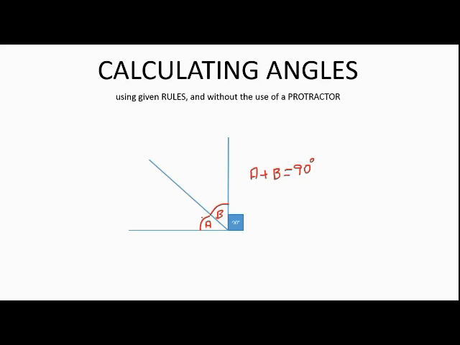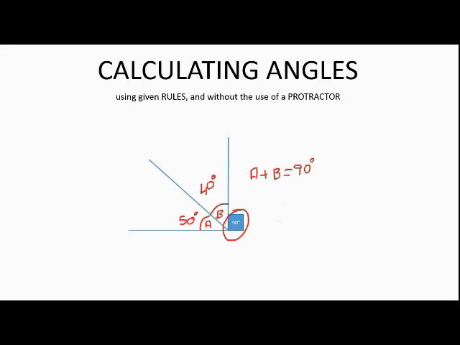So if this angle A is, let's just make it 50 degrees. It doesn't look like 50, but if angle A is 50, then angle B has to be 40 degrees, because the two of them should give me this 90 degrees over here.